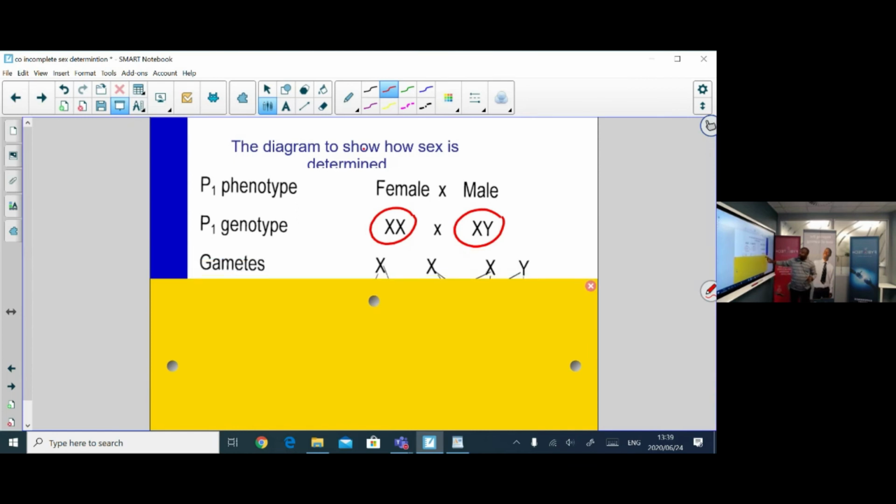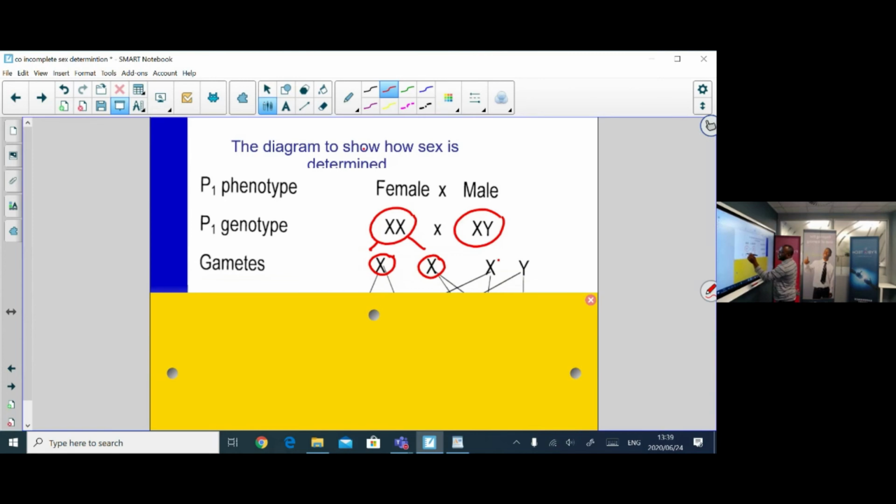Next, you show gametes. So when the gametes split, we have X, we have X on the female one. On the male one, we have X and we have Y. So this is mating between a female and a male.